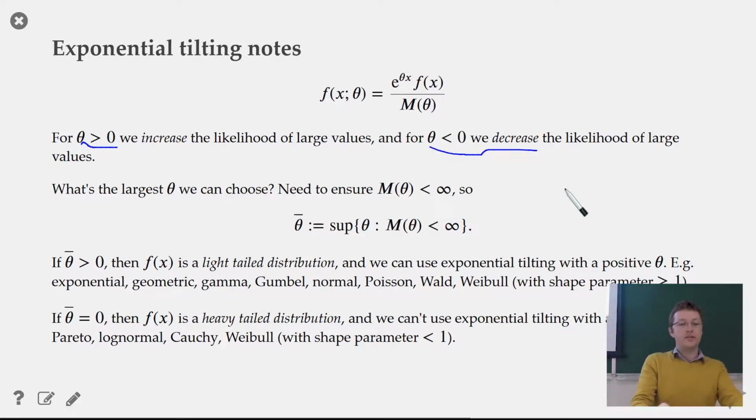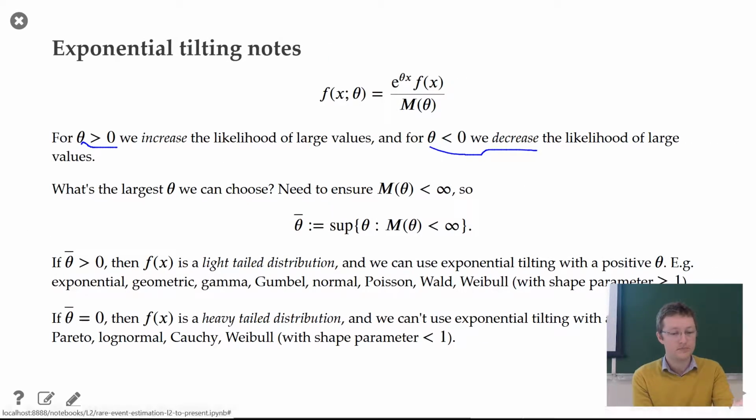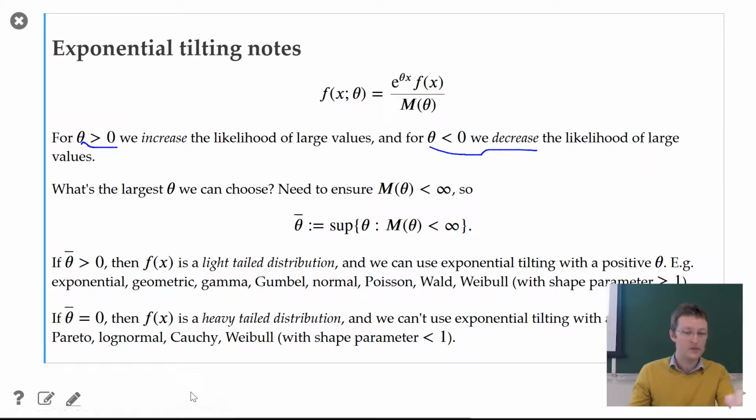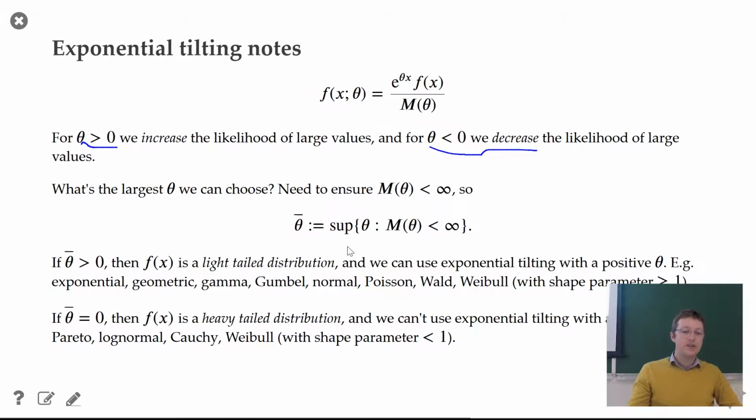But just like with the gamma case, there was some limit that you could go to. You could push theta to be up to, in that case, 1 divided by m. And so if you were to take just any distribution, you can ask the question, what is the largest value you can tilt this by?